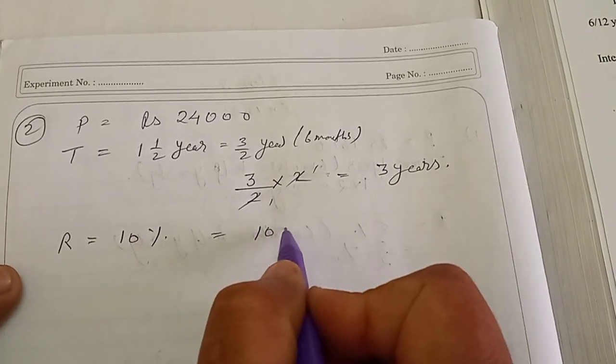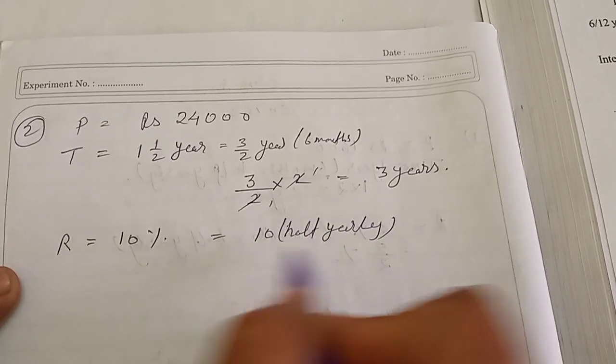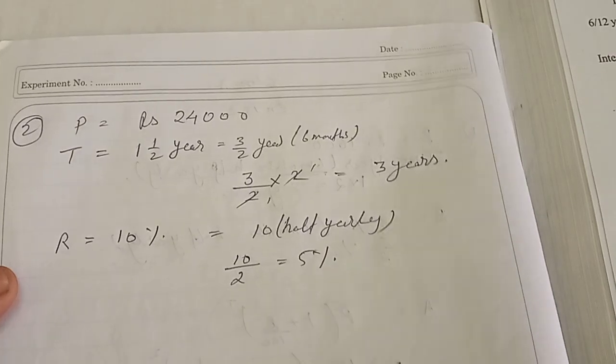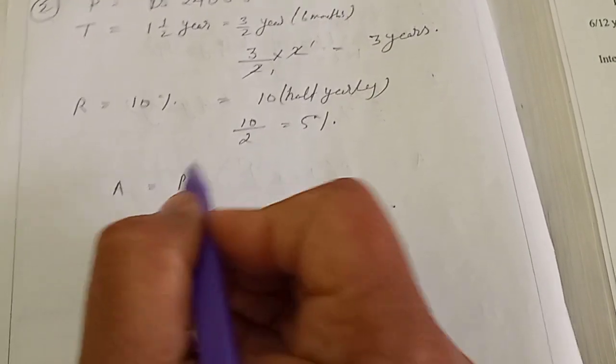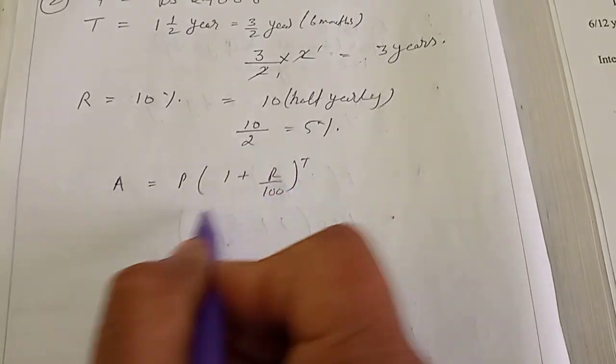Then the rate was 10%. In the rate, if it is half yearly, then 10 upon 2, that is 5%. Now we have to put in the formula: amount equals principal bracket start 1 plus r upon 100, whole power time.